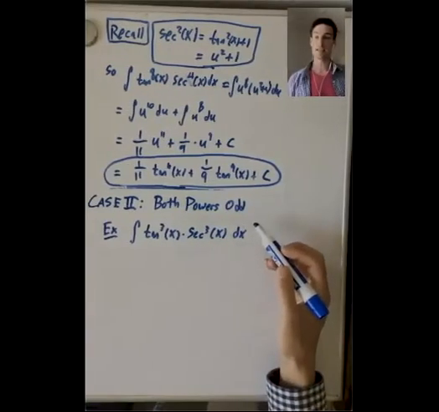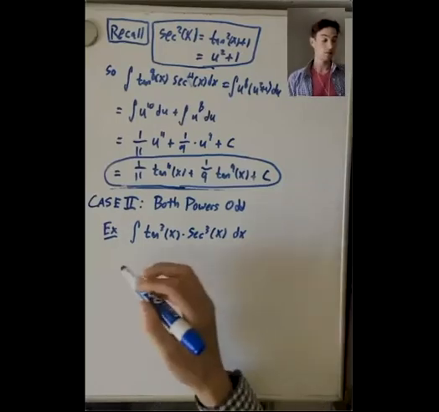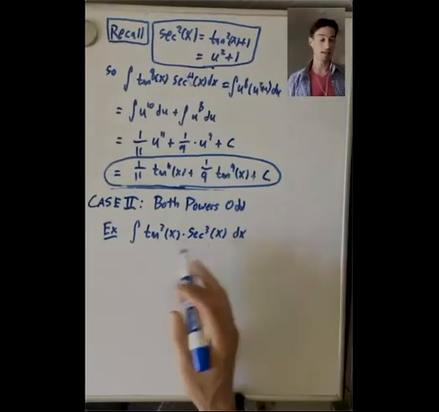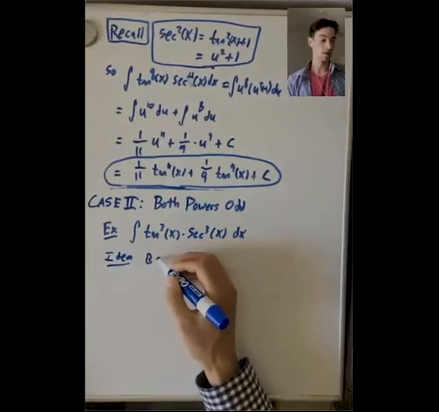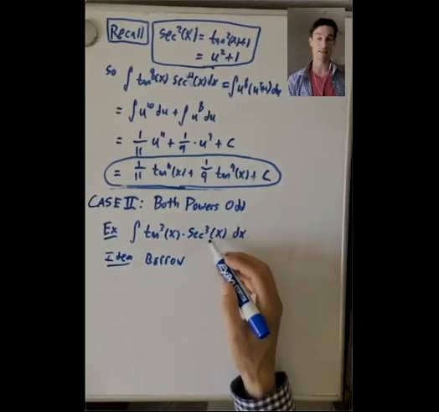The next case to consider is when both powers are odd, when we have the integral of an odd power of tangent times an odd power of secant. Remember, when we had an even power of tangent times an even power of secant, the idea was to borrow secant squared from the power of secant.